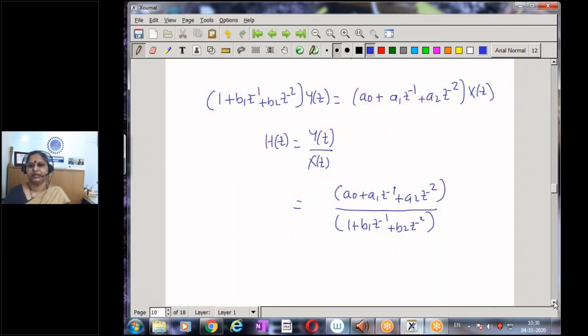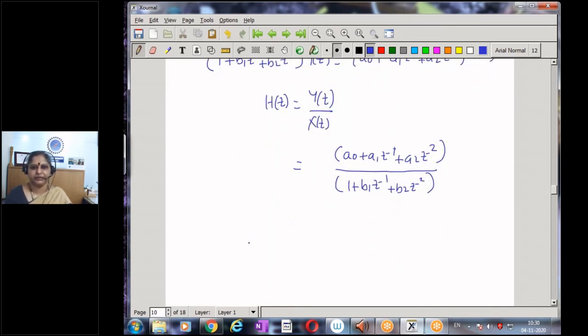So this is another method of representing the given discrete time LTI system. Or I can write it as the sum over i equal to 0 to m of a_i z to the power of minus i, divided by 1 plus the sum over j equal to 1 to n of b_j z to the power of minus j.